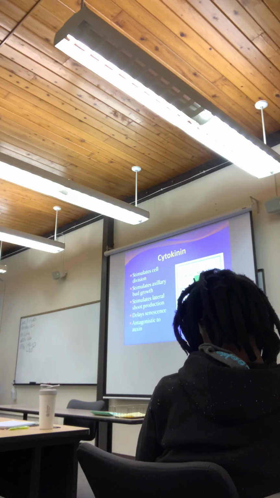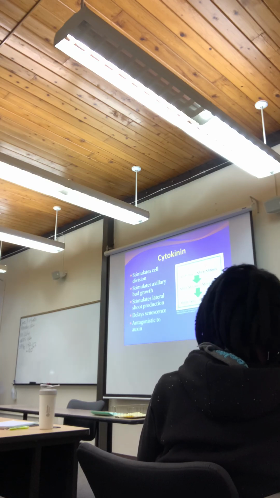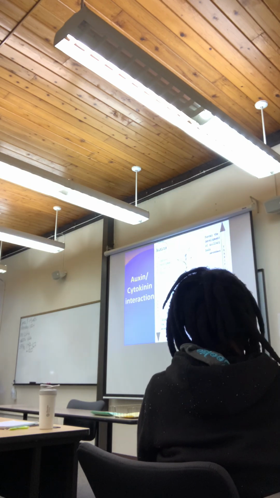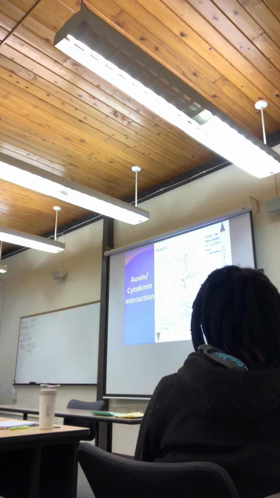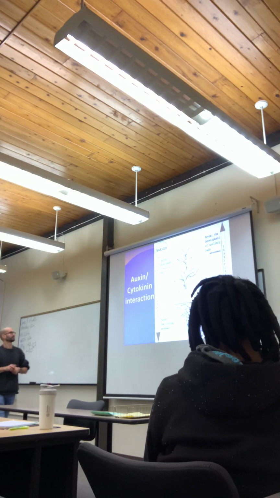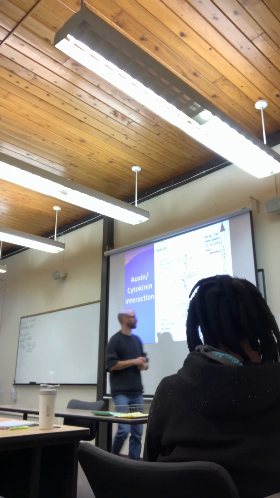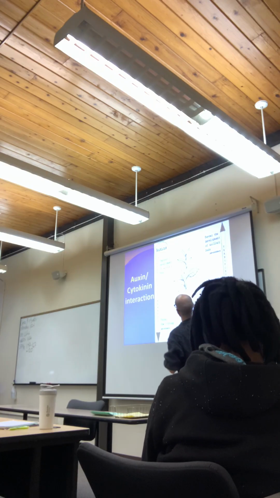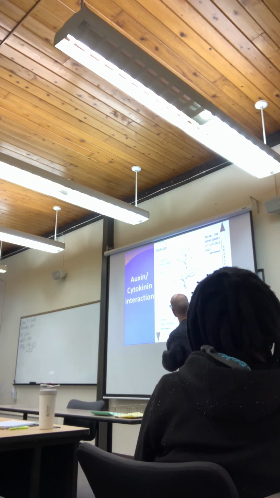So cytokinins have more mitosis, that's cells dividing to make more cells, and more cells means more plant growth, the growth promoter. And here is a look at the interaction between these two. So auxin on the left and cytokinin on your right.